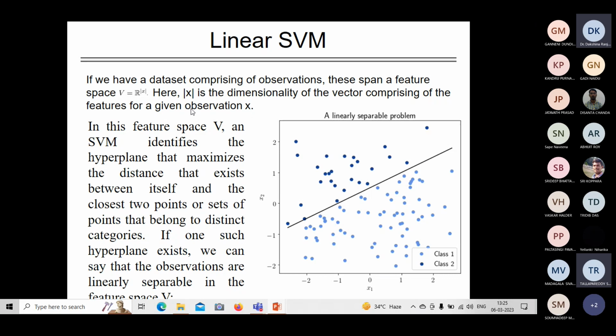The absolute value of X, |X|, defines the dimensionality of this feature set. In this feature space V, the SVM identifies the hyperplane that maximizes the distance between itself and the closest points. That means if we define a hyperplane or a classifier, then the distance between the closest points from two different data sets is to be maximized.